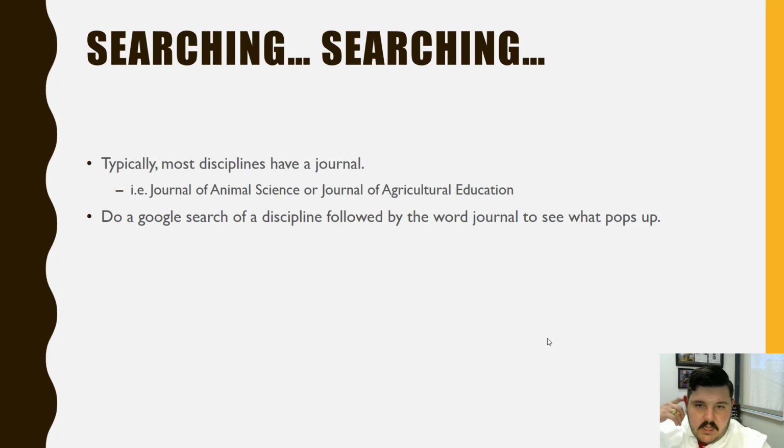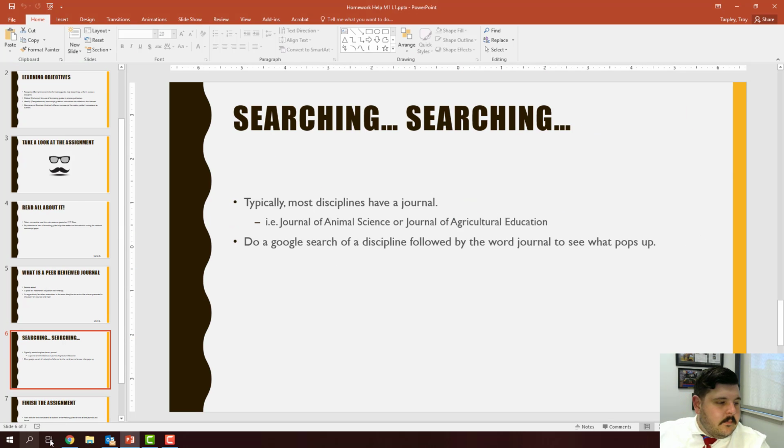All right, so searching. Typically, most disciplines have a journal. Whatever discipline it is, you can almost just always put the word journal when you're searching in like Google, and something will pop up. So just do a Google search. I'm going to do one right now.